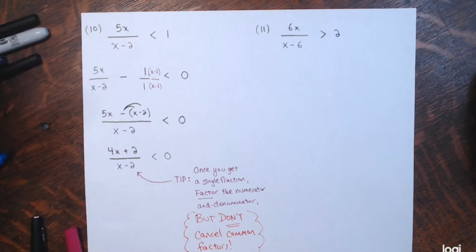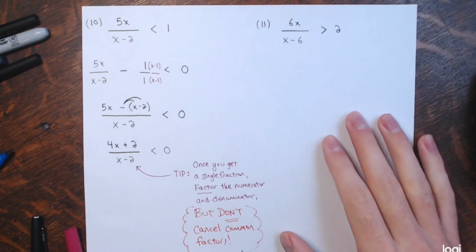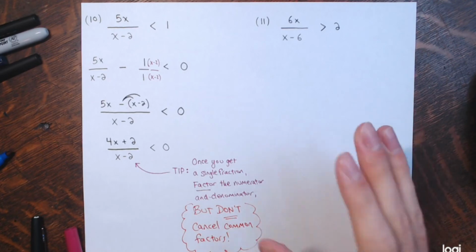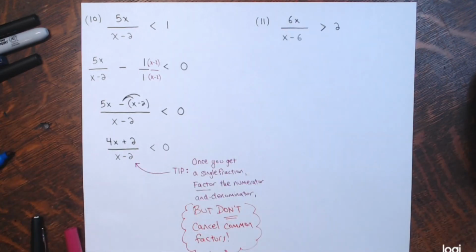And if you cancel common factors, then all of a sudden you may have changed the inequality, too much from the beginning. All right. I'm not going to get into all the reasons why. Just know, please. Kind of like how earlier I said, don't multiply both sides by the LCD. Don't cancel common factors here. Right? Just things that you would normally do with equations, right? You shouldn't be doing with inequalities. Right?